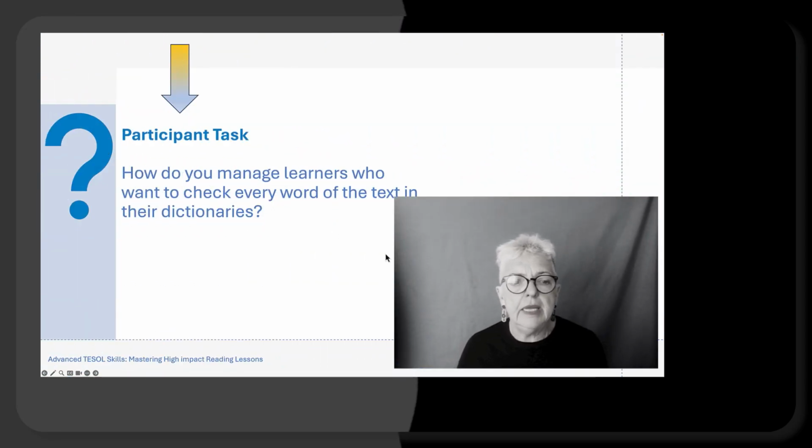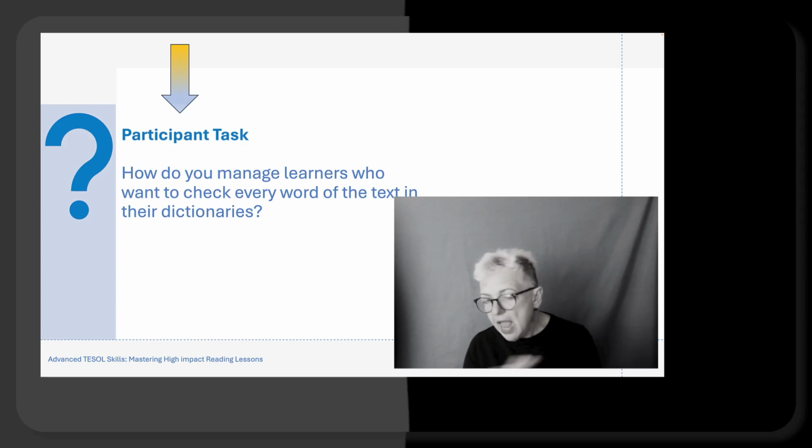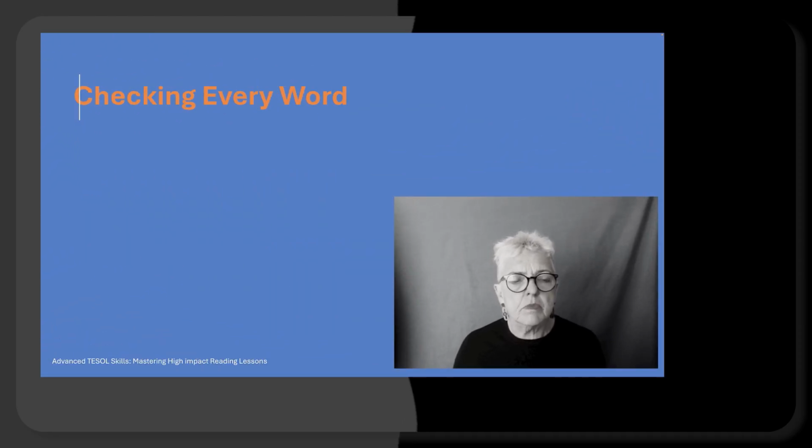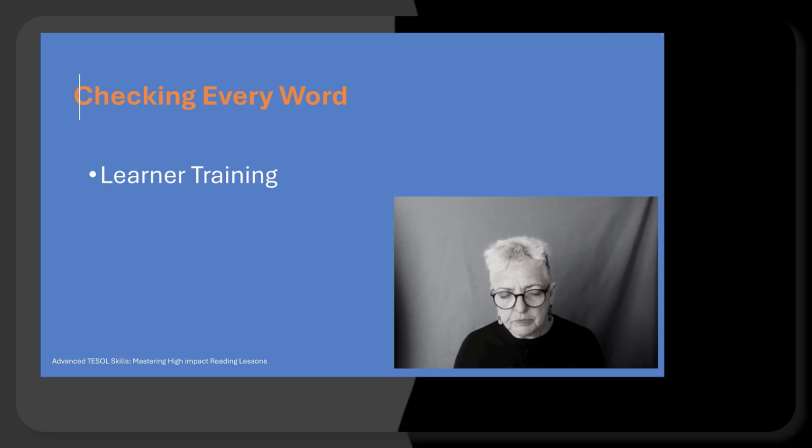Okay, so how do you manage learners who want to check every word of text in their dictionaries? They can't move forward without checking every word. We all get them. So what's your strategy with these students? Okay. I think the first key is learner training. If students understand that in the real world, we don't read every word.